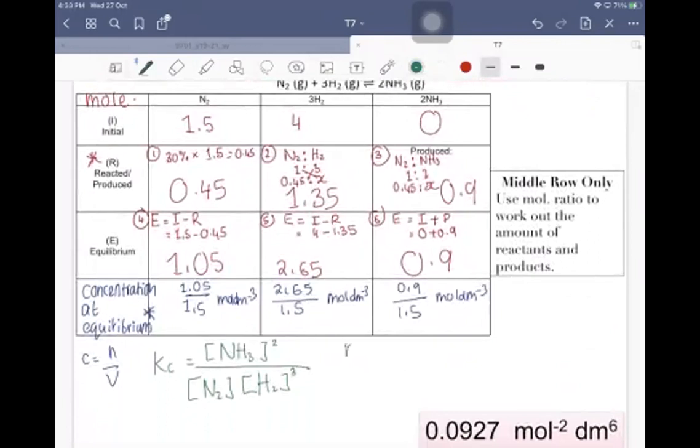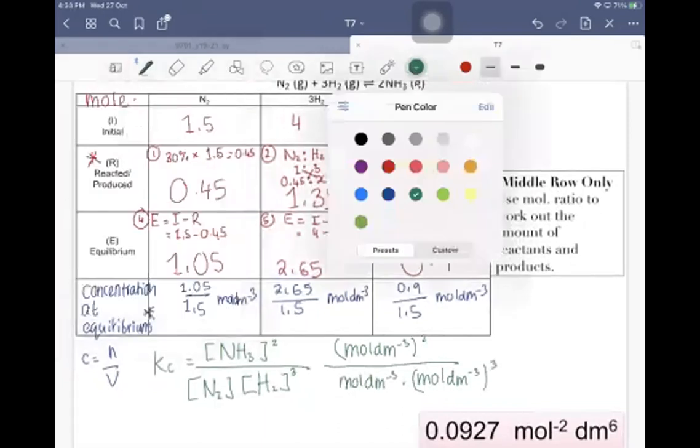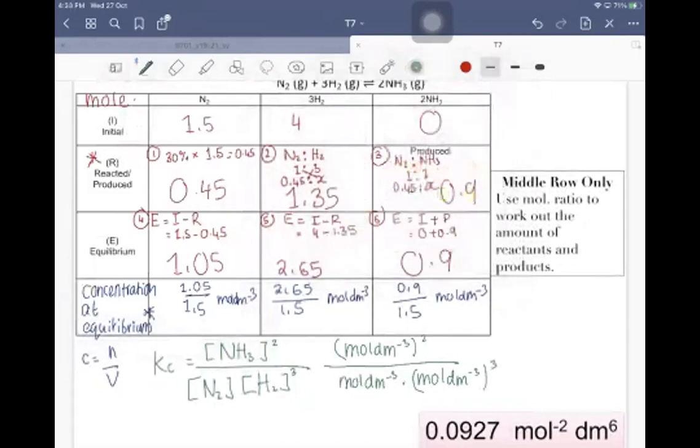To work out the units, since your bracket is squared, your unit must also be squared. At the bottom, I've got 1 squared multiplied by 1 mole per dm cube, multiplied by the other one, mole per dm cube to the power of 3. Okay, cube. You can cancel anything that can be cancelled. So you have 2 on top.